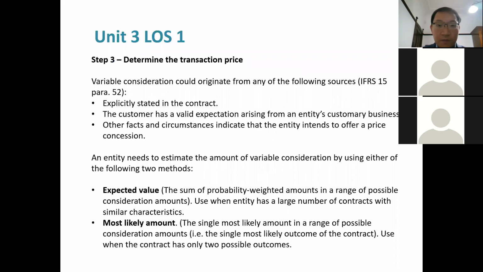Specifically, step 3 is about determining the transaction price. And so the price of a revenue transaction is going to be based on a number of components. There's going to be a fixed component, and there could also be a variable component, or in this case, the standard calls it variable consideration.